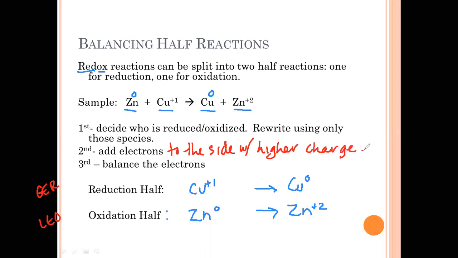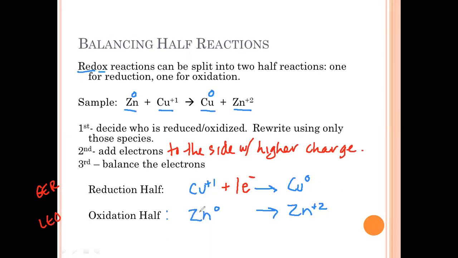So I'm going to look at this first one, and I have +1 on the left and 0 on the right. So I'm going to add electrons to the left-hand side because its charge is larger. So to get me from +1 to 0, I need to add 1 electron. So this is the format I would write: +1 e-.